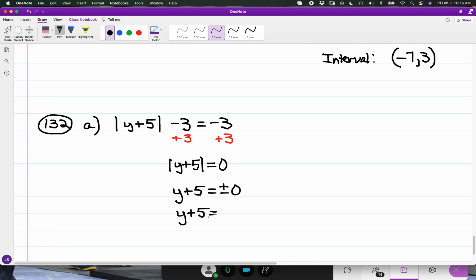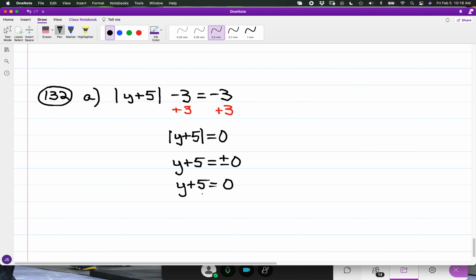So you have y plus 5 is equal to 0. And so, because we have 0 only to work with, it turns out that there's going to be only one solution for y, and that is going to be negative 5. So the only value of y that will make this equation true is negative 5.